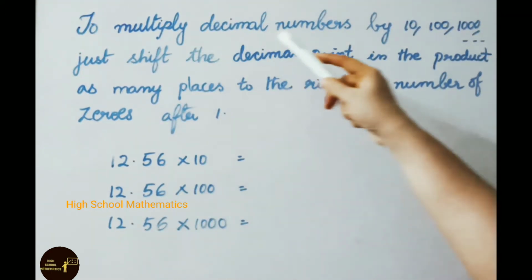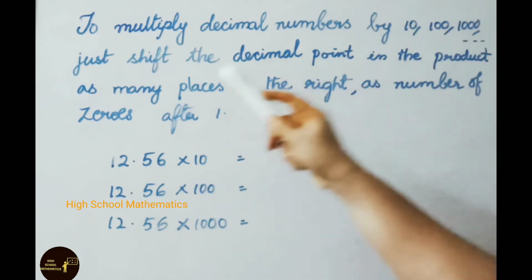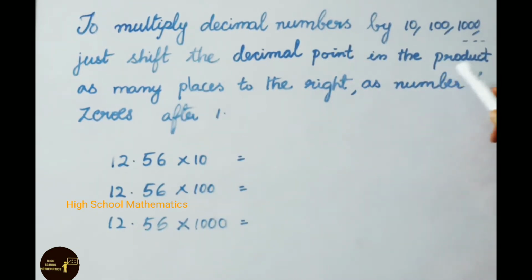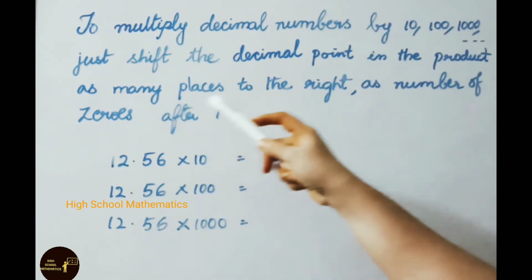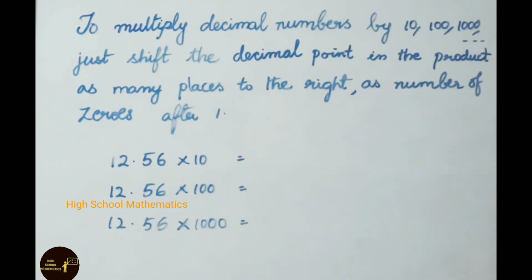See now, to multiply decimal numbers by 10, 100, 1000 so on, just we have to shift the decimal point in the product as many places to the right as number of zeros after 1. That means whenever we are multiplying decimal number by 10, 100 or 1000, we have to shift the decimal point towards right side as many zeros were present after one.